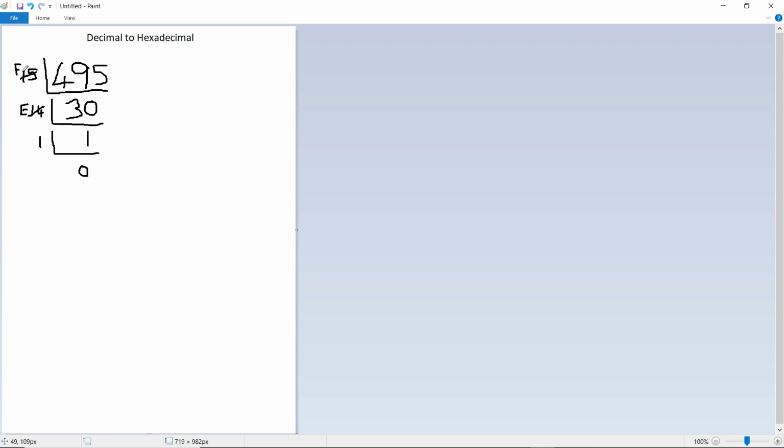So now once I've replaced them, I just read my remainders in reverse, and I've got 1EF. So 1EF in base 16 is equal to 495.